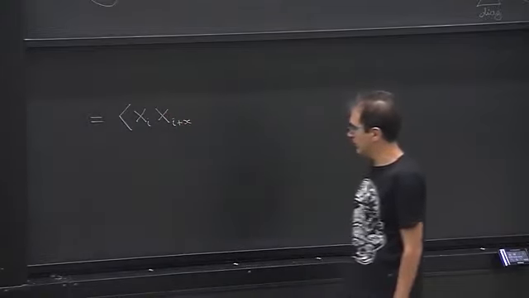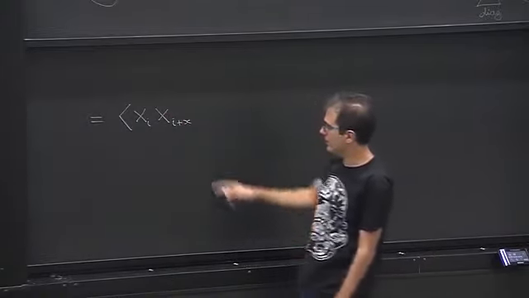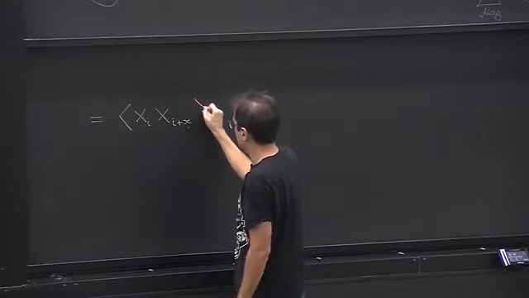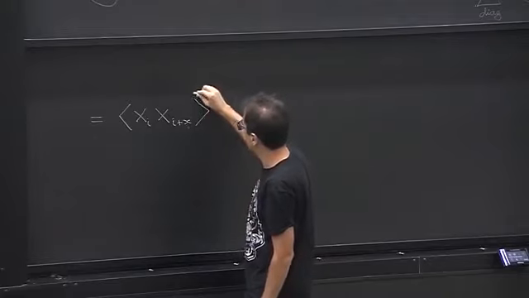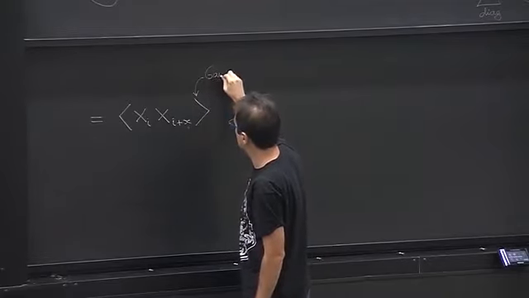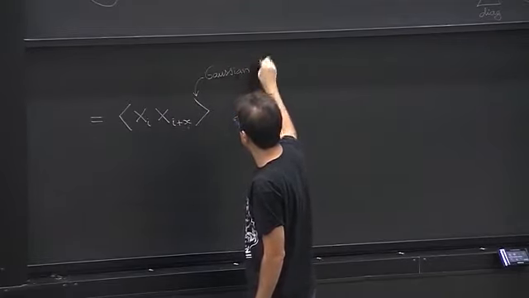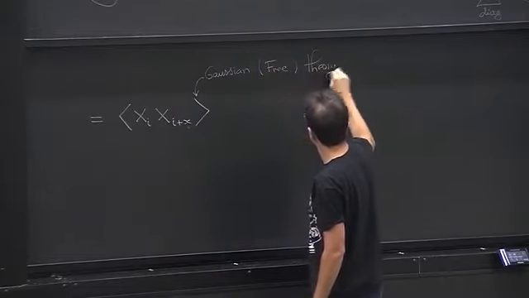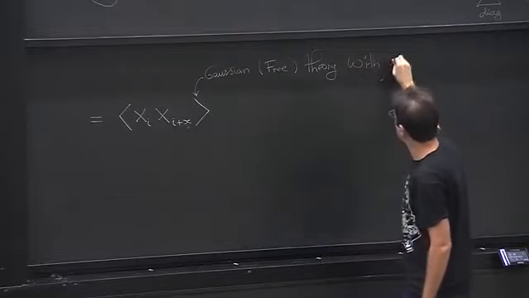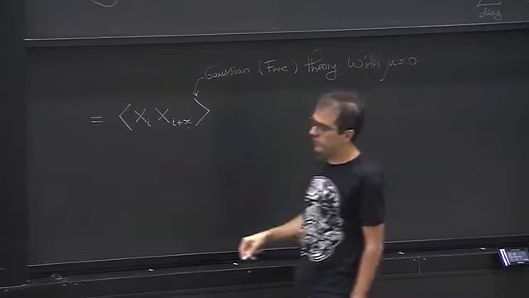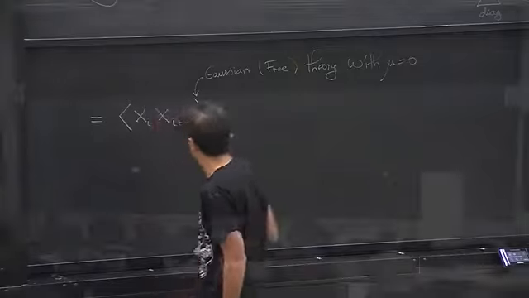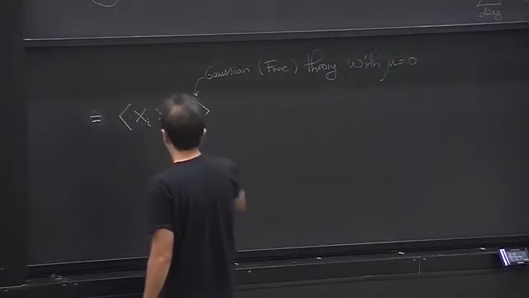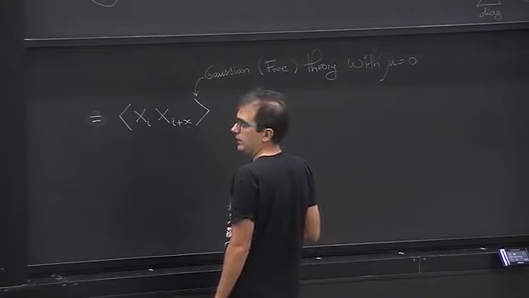It's a bit funny to use x downstairs and upstairs, but okay. This is small x, big x. And now these averages stand for averages in the Gaussian, which is the same as to say the free theory without mu. That's the first term when I put mu to 0 everywhere. I get this term.